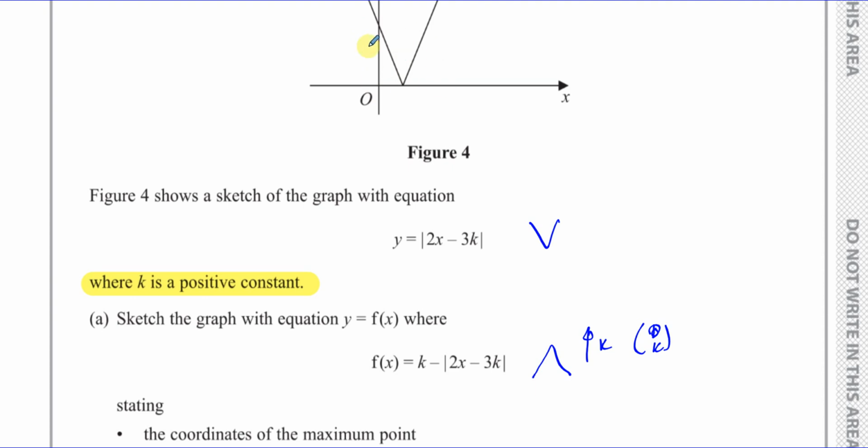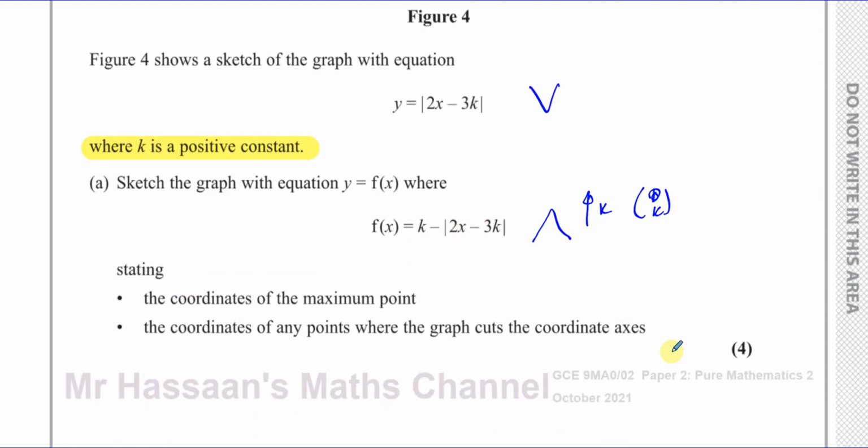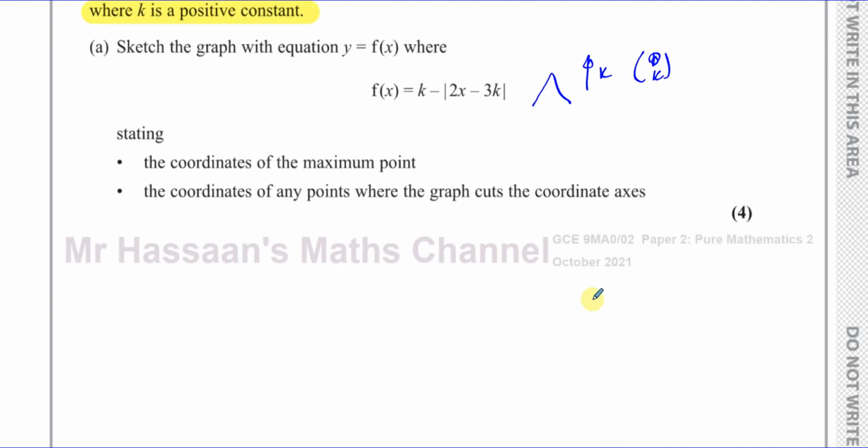As for where it hits the x-axis and the y-axis, we can calculate that in terms of k. We know k is a positive constant. So I'm going to first figure out where this hits the y-axis. The y-axis is where x equals 0.